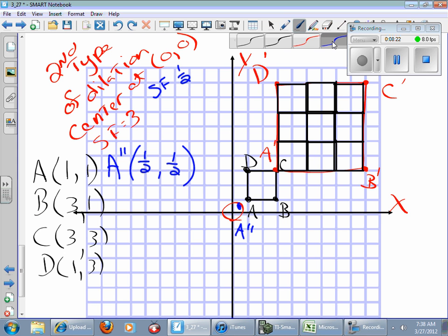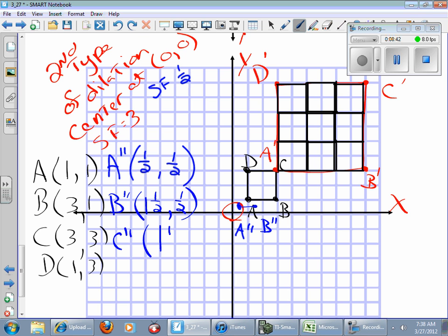I don't think I'm in my fine marker. There we go. All right, B double prime. Well, 1/2 of 3 is 1 1/2, and 1/2 of 1 is 1/2. So I'm going to go to 1 1/2, 1/2, right about there. B double prime, connect those. C double prime is going to be 1 1/2, 1 1/2, because they're both 3.